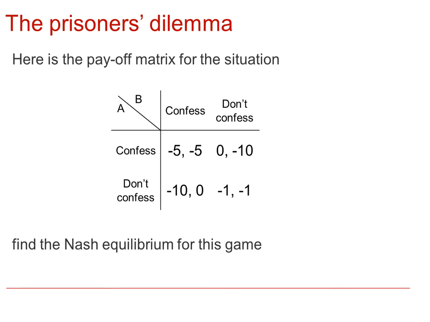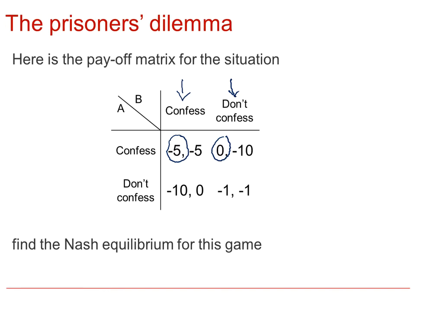So, looking at player A's decision, if they think that their accomplice B is going to confess, they would choose the least worst option. If they thought that their partner in crime was going to hold strong and not rat on them, then they would choose to confess themselves and not serve any time.